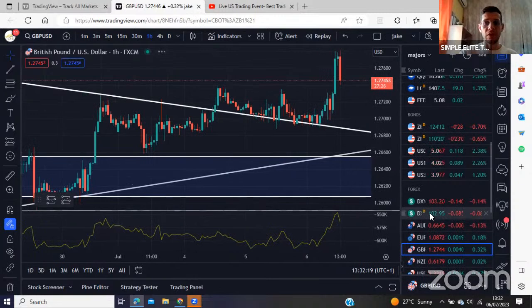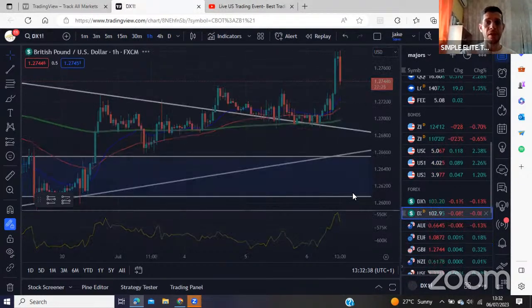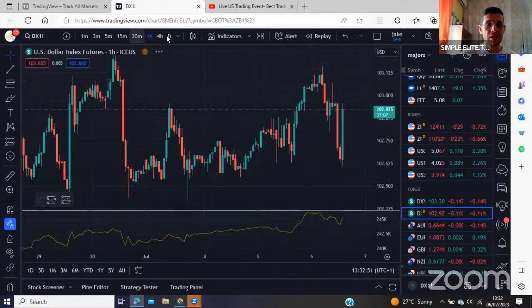So let's talk about the dollar index first. I'll bring up the dollar index future chart. Bear with me a little bit because my connection is very slow.